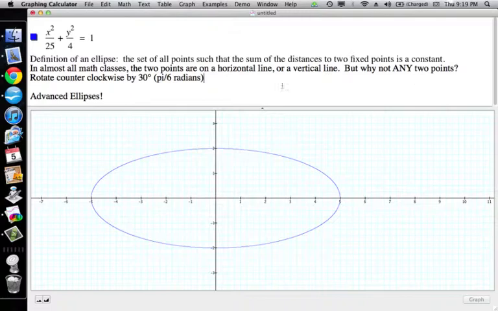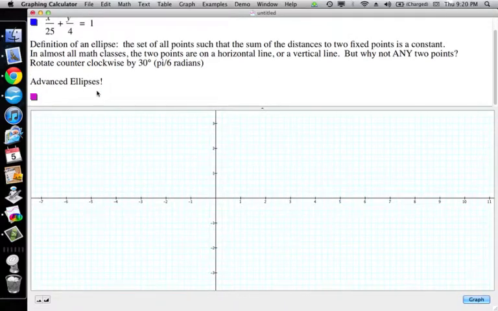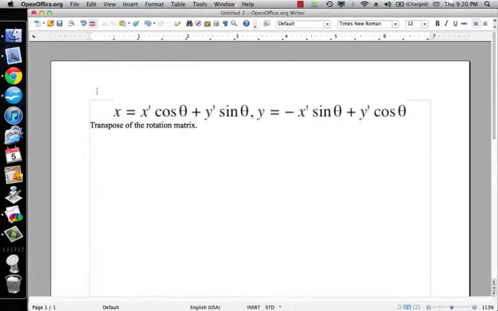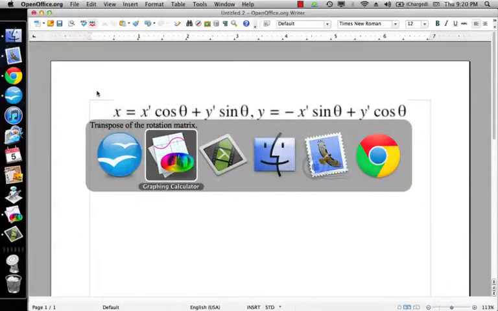Okay, so what I do is I go down here, and everywhere where I've got an x, I replace it with x cosine theta plus y sine theta.